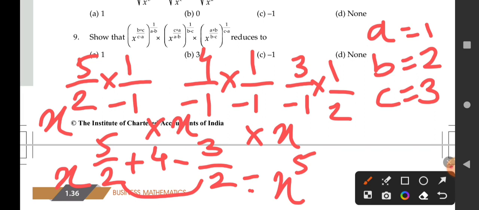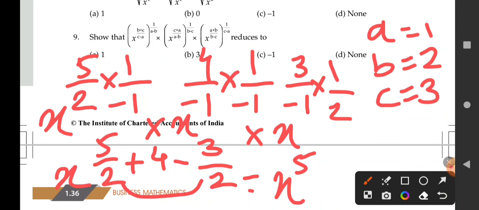So you get x power 5. Hold on. Am I doing something wrong? Let me check again.